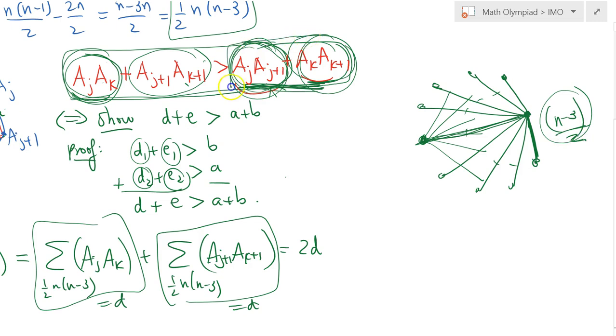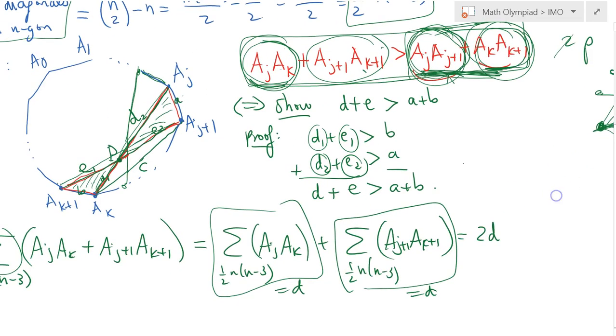But wait, all of these edges are counted twice. So this is 2 times the perimeter, and then the 2's will simplify. So it is as if each edge will be counted n minus 3 times. Does that make sense? So that's it.